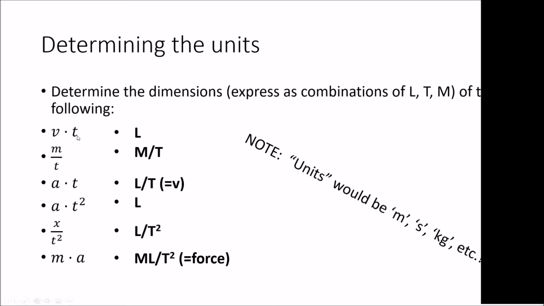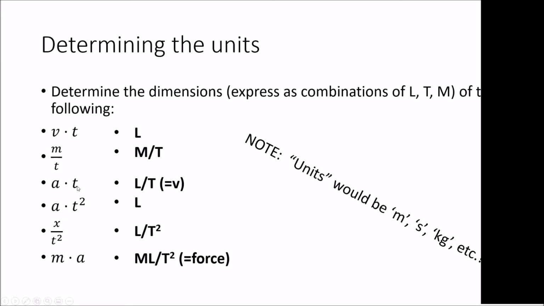Well, a velocity times a time. The velocity is a length over a time, so you multiply that by a time, you get a length. Mass over time, well, it's still just mass over time. That's not going to change anything. Acceleration times time. Acceleration is a distance over a time squared.